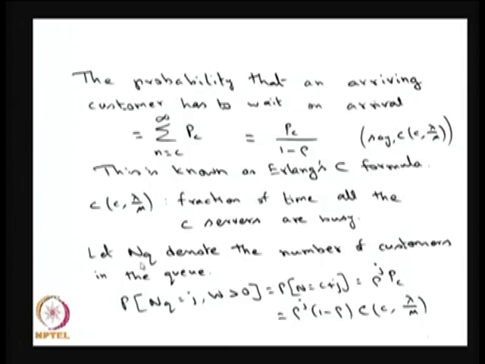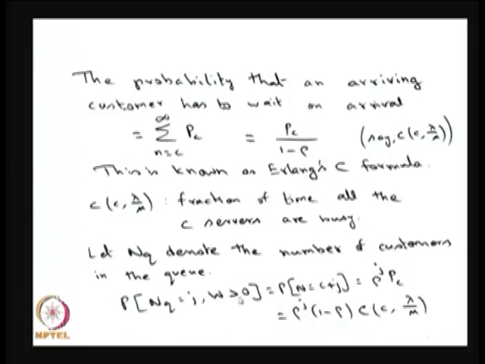The next quantity is NQ, which denotes the number of customers in the queue. Either I use the letter N suffix Q, or earlier I used the letter Q itself. For that, I am finding the joint distribution: the probability that the number of customers in the queue is J and the waiting time is greater than 0. W is used for the waiting time.